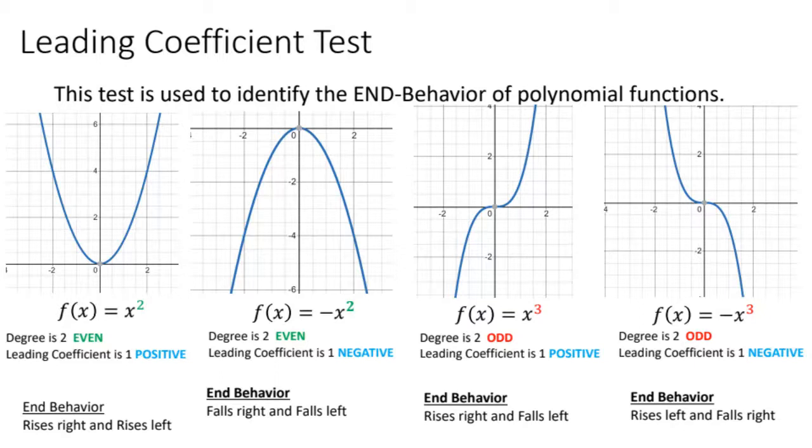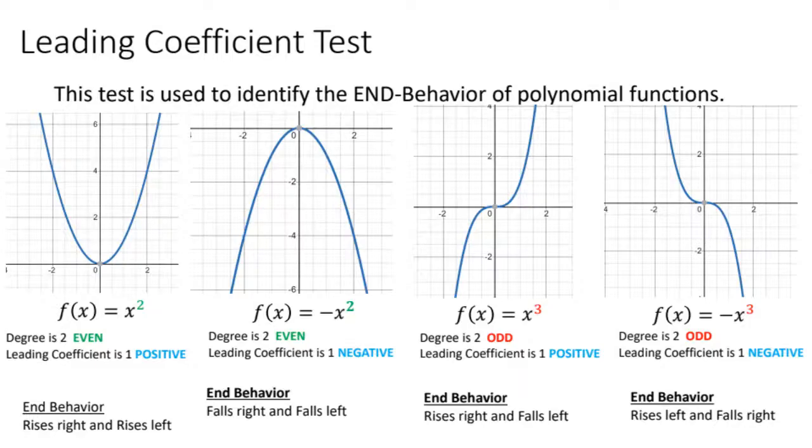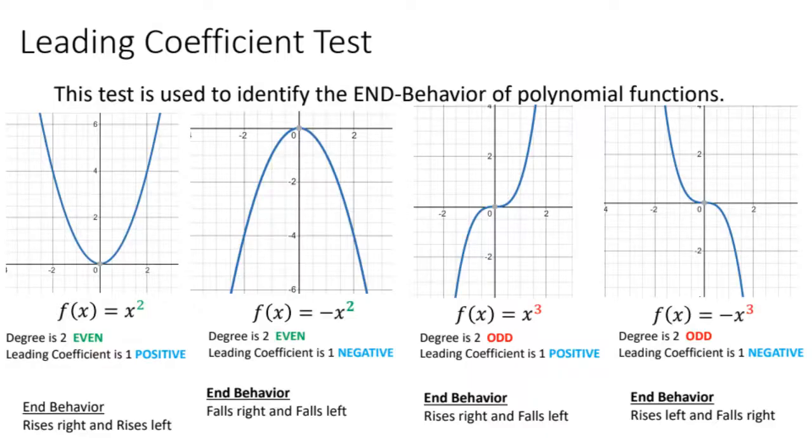Now, if our function is not even, we can think of the other side of our coin as odd functions. An odd function is any function that has a degree with an odd number. As an example, we look at our cubic function, right? Our cubic function is an odd function because its degree is 3, and 3 is an odd number. We follow kind of the same process for our end behavior.